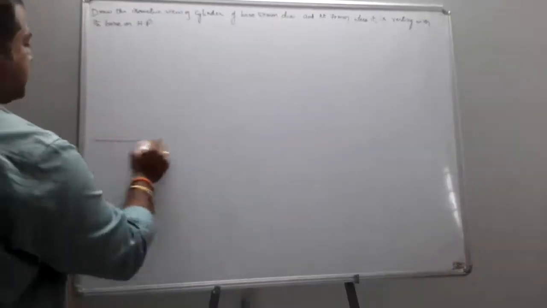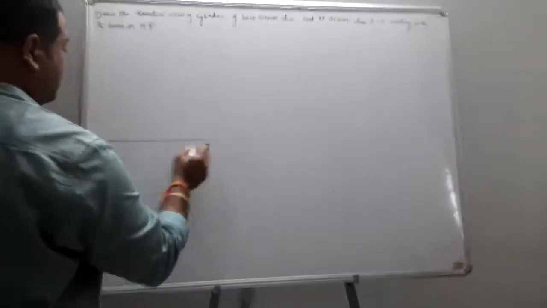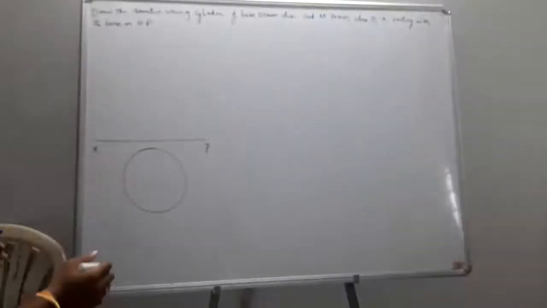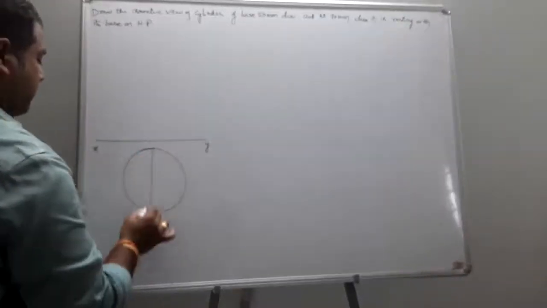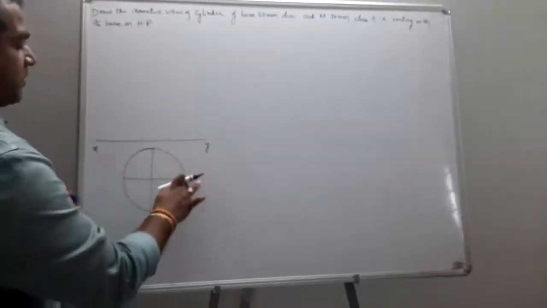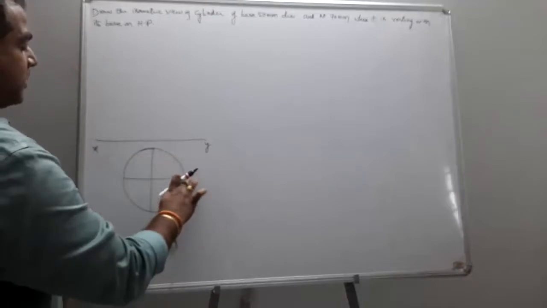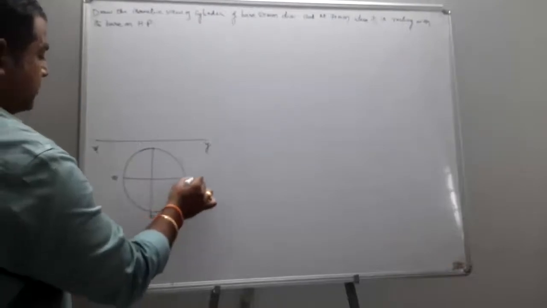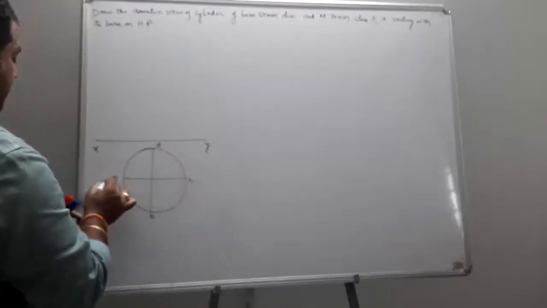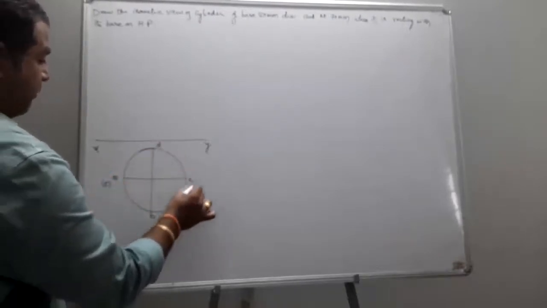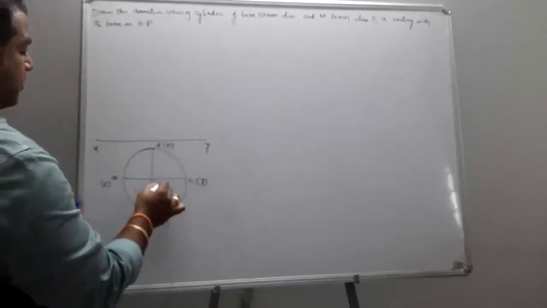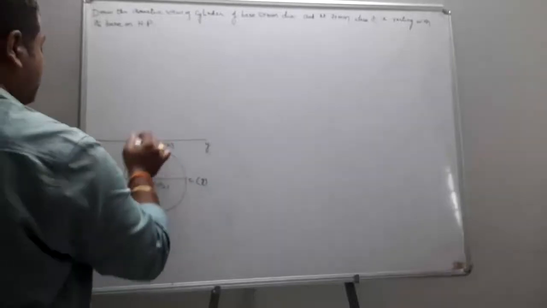First of all, I know the simple position: base resting on HP means XY. The cylinder is going to be considered. I just divide my circle into 4 equal parts, because we use the 4 center method. I consider the points A, B, C, D, and E, F, G, H. So this is O1 and O2.